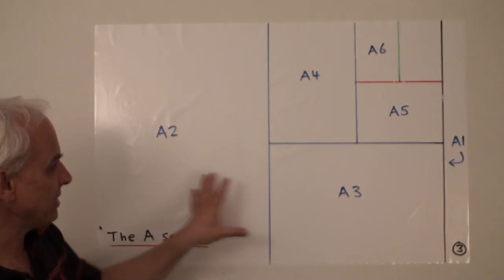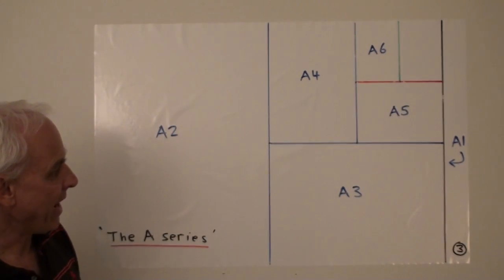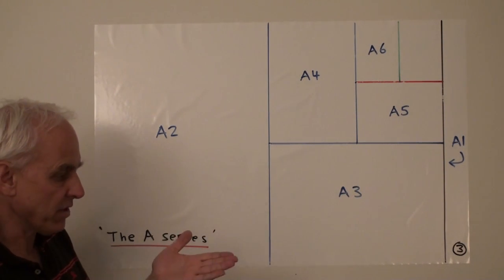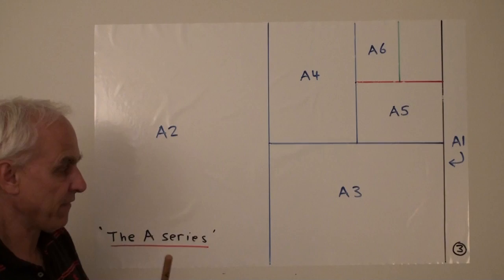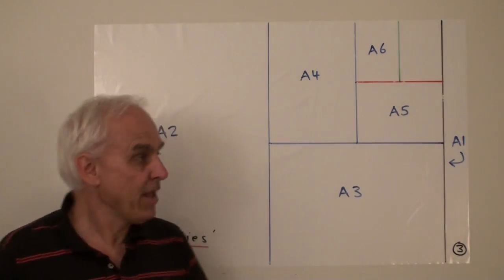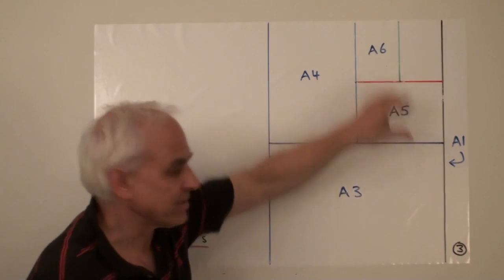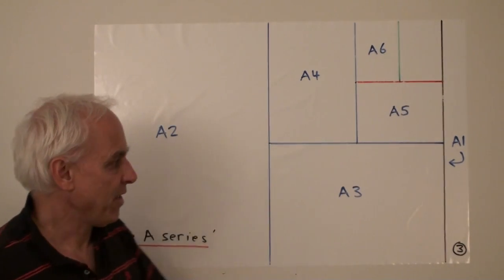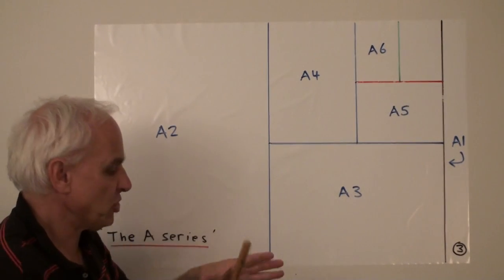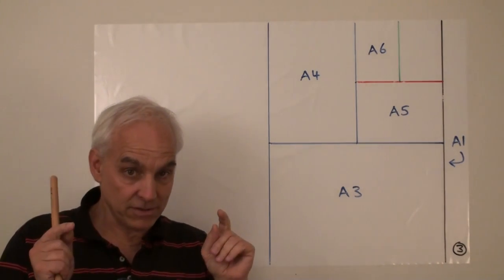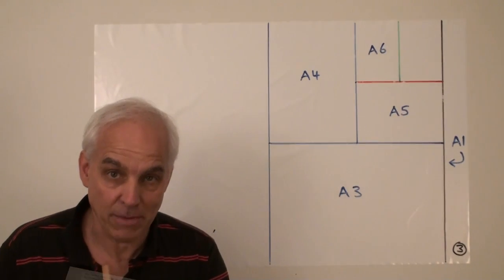All right, so that's the A series of paper sizes, and this particular folding property, that you can take any one of the sizes and fold it in half and you get the next lower one, is very interesting because the shapes of all of these are exactly the same. They're not different shapes, they're the same shapes, just different sizes of the same shapes. And that in fact characterizes those shapes.